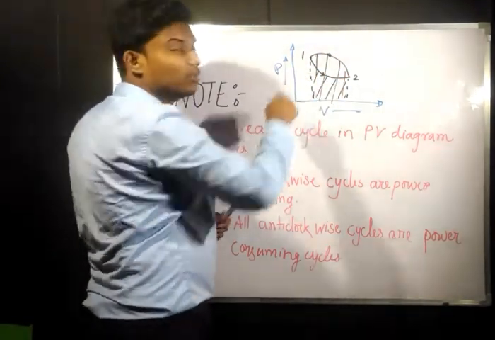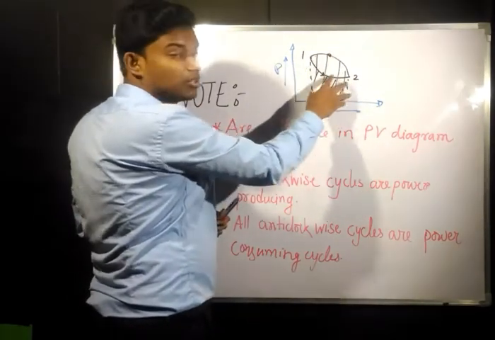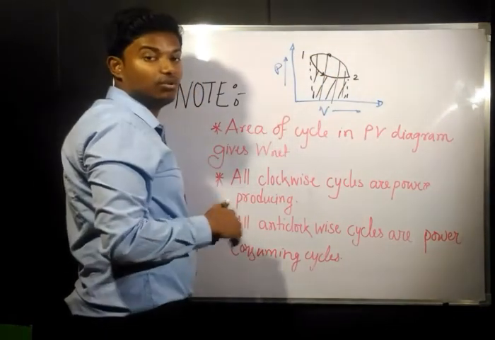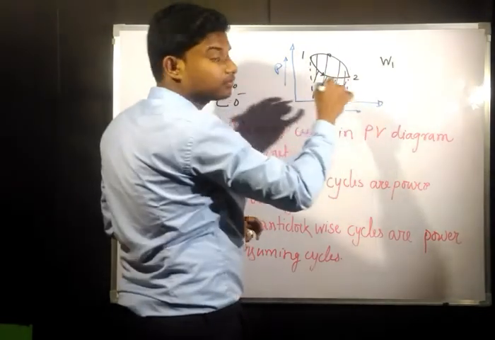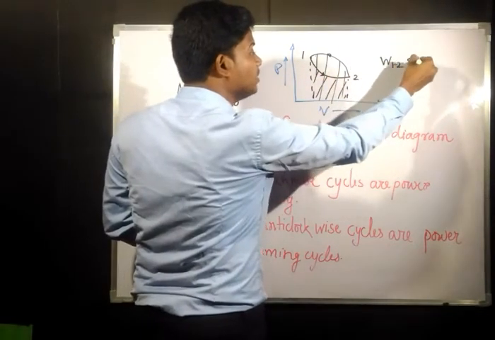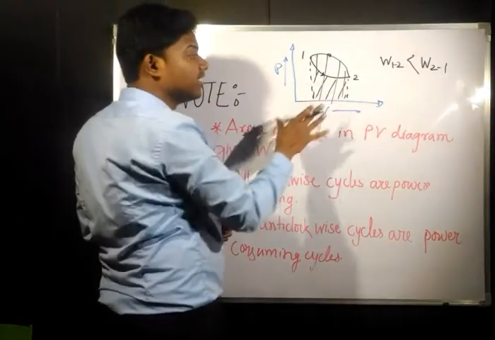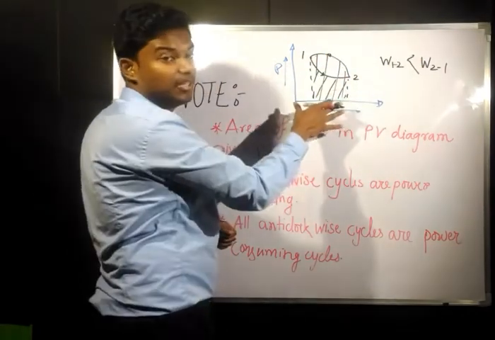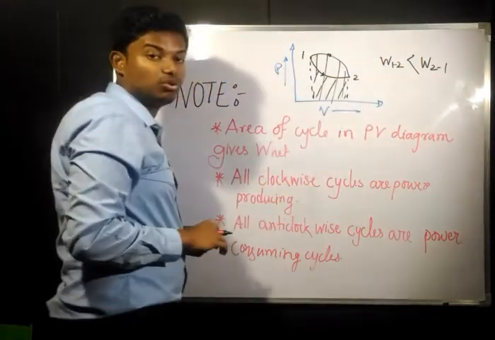This is an anti-clockwise cycle. If you subtract, expansion from compression, then this is going to be a negative one. Here W1 to 2 is going to be less than W2 to 1. We can easily say it from the plot, because for W2 to 1 the area is bigger, and for W1 to 2 the area is comparatively smaller.